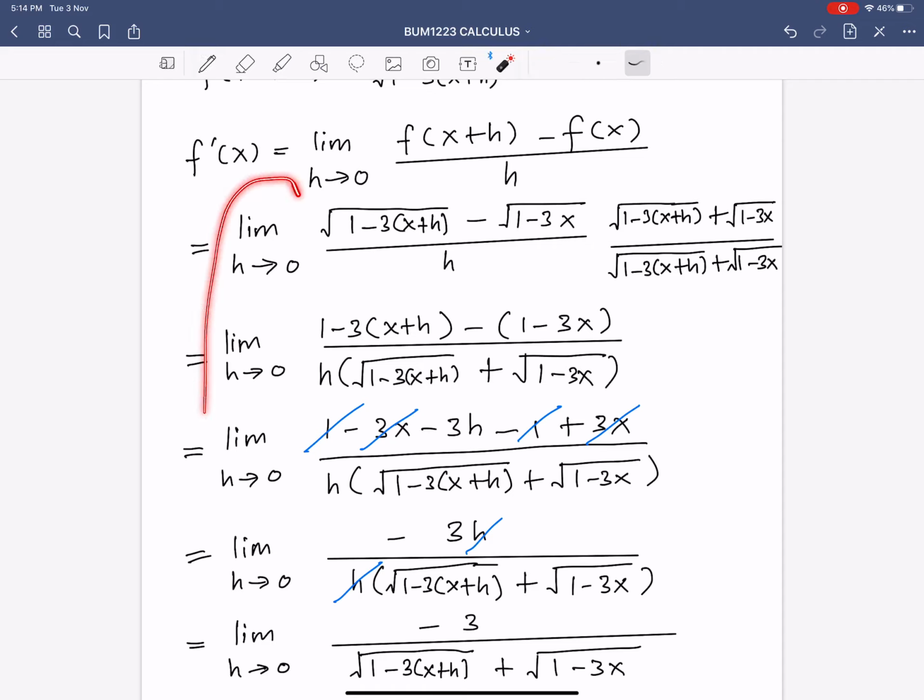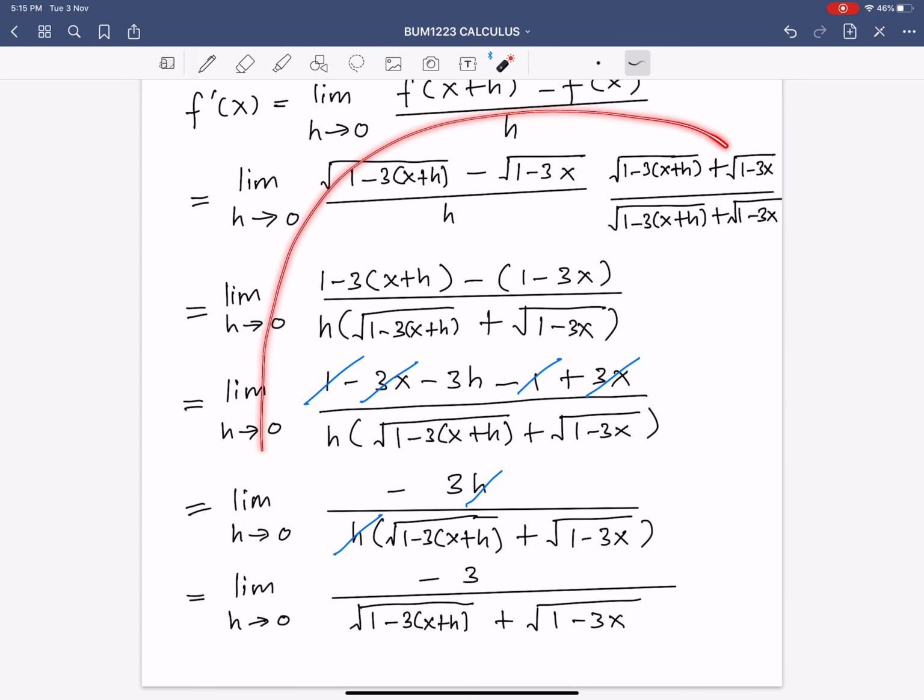We still have the variable x on the right side, so as long as you have an expression with the x variable, you should keep it.